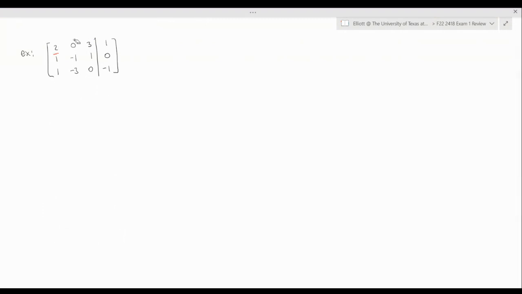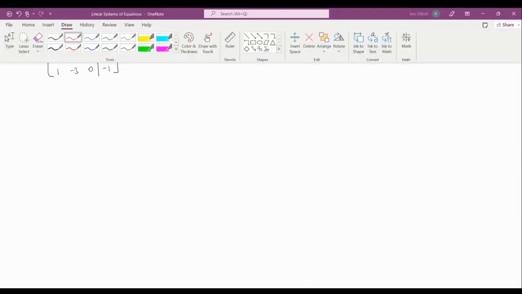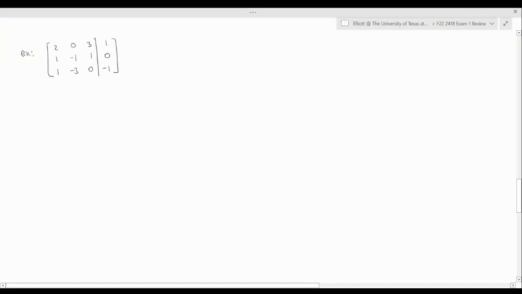So instead of using the 2 as a pivot, if I'm just trying to solve the system of equations, what I would personally prefer to do is swap 2 of the rows right now, so I can get a 1 into the pivot position. 1 is like the easiest number to use as a pivot, okay? So I could swap row 2 with row 1 or row 3 with row 1.